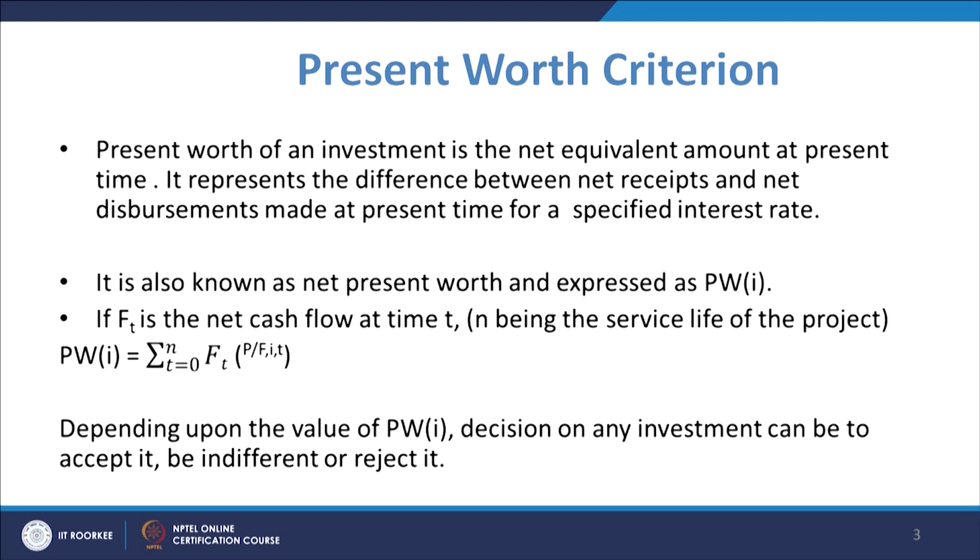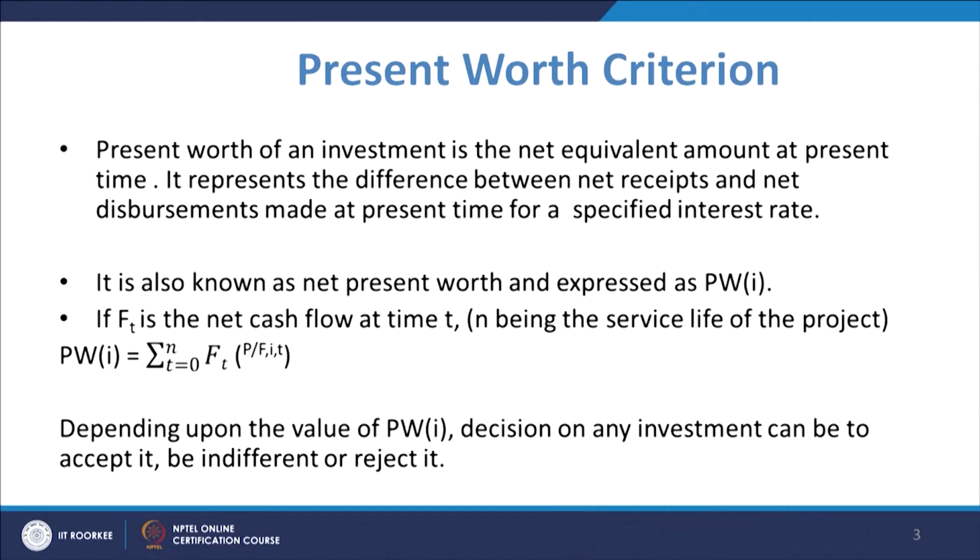All these Ft's, that is F1, F2, F3 and so on, will be individually multiplied with this factor (P/F, i, t). If there is a payment at the end of the third period, it will be multiplied with the factor (P/F, i, 3).